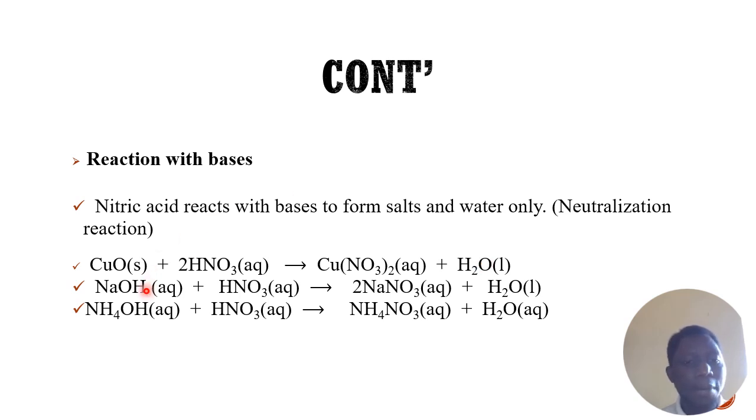Another example, sodium hydroxide reacts with nitric acid and produces sodium nitrate and water. The third example, ammonium hydroxide reacts with nitric acid and produces ammonium nitrate and water. As a conclusion, any reaction that produces salt and water only is called a neutralization reaction.